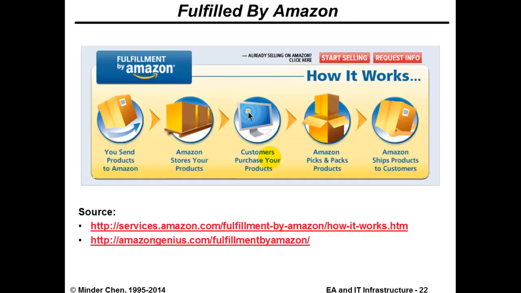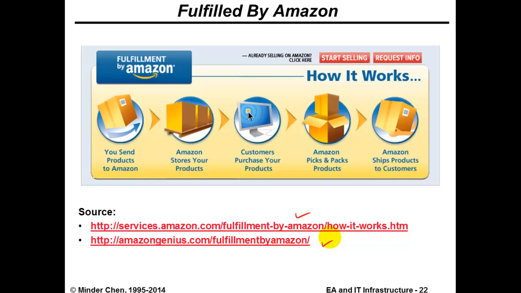Last, let's use the Fulfilled by Amazon example. This is one of Amazon's programs. You can go to Amazon's website here and check it out. Okay. In this case, Amazon is not selling you any computing resources. They're selling you their warehousing and distribution services.